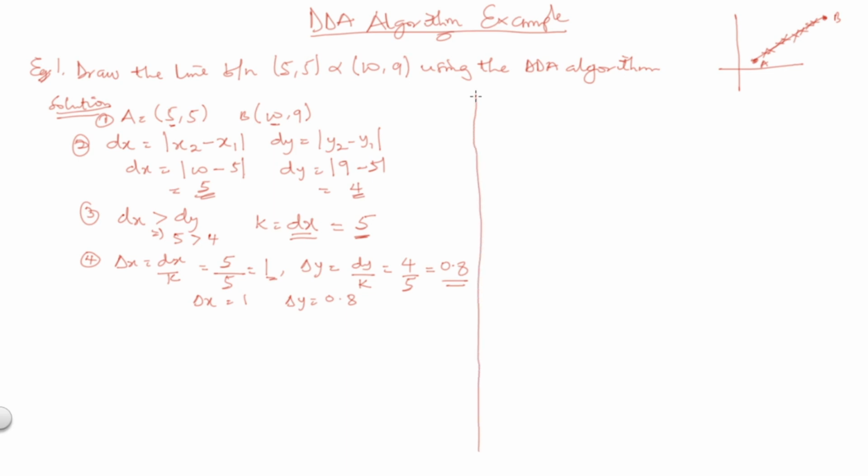You should be mindful that the value of k is equal to 5. That tells us we have about 5 iterations to go through to be able to compute the line segment. The first thing we have to have in mind is the iteration number, which we will be representing as I.